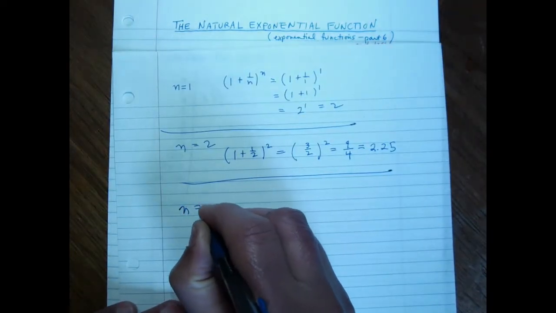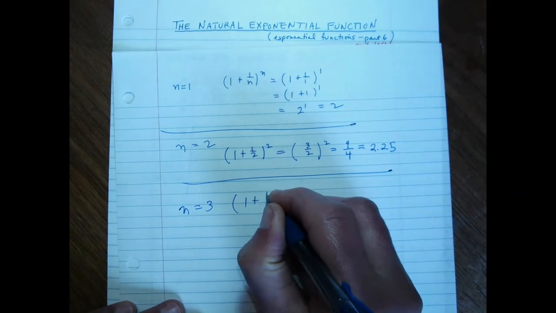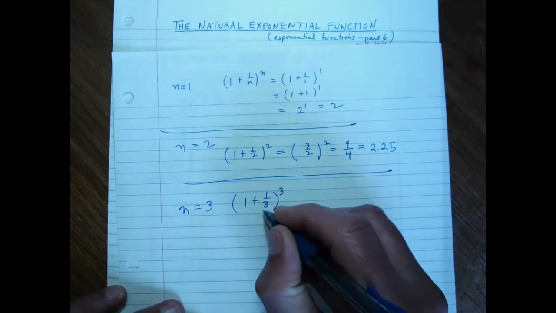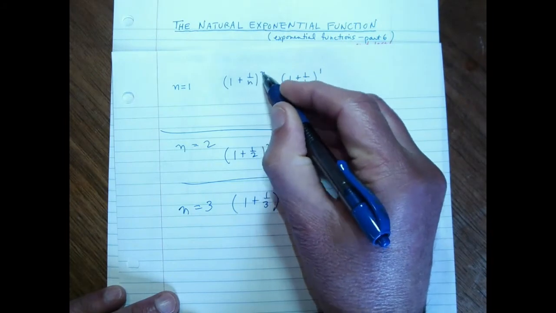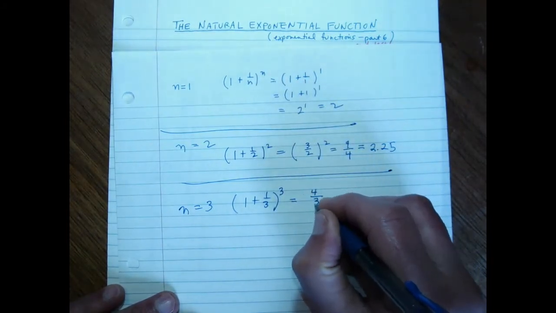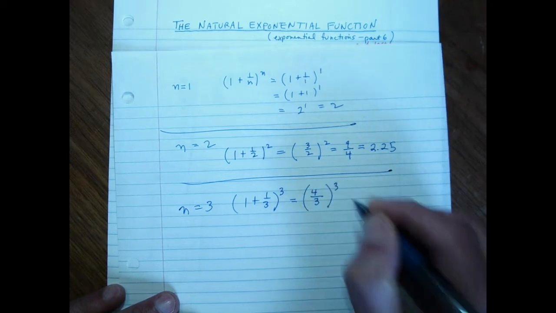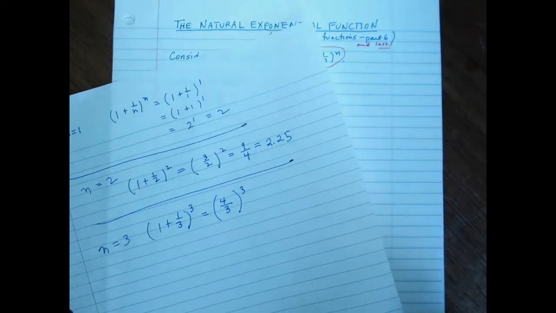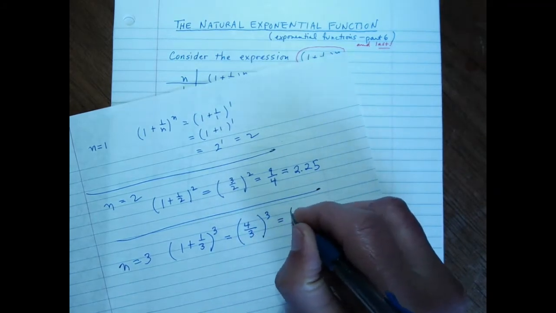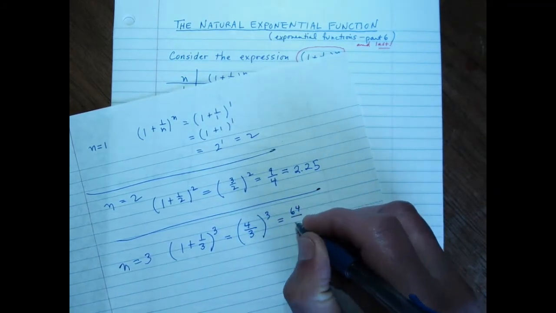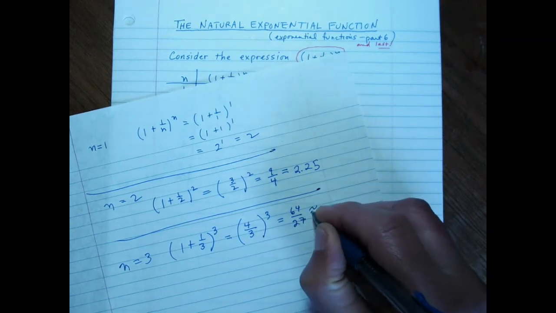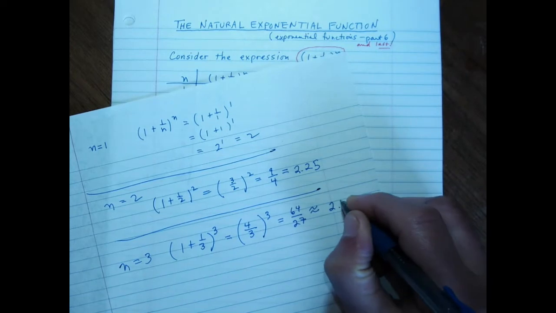And n equals 3. 1 plus 1 over 3 to the third. So I put 3 in both positions for n in the original formula. I get 4 thirds to the third power. And that's like 4 to the third over 3 to the third. That's 64 27ths, which is about 2.37.